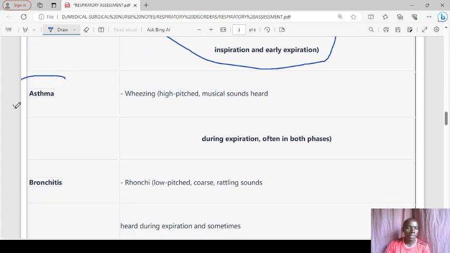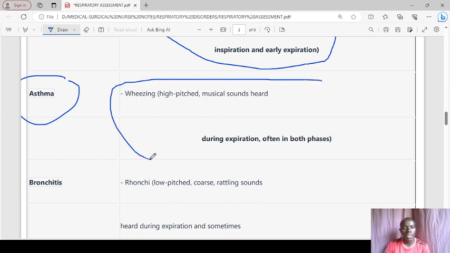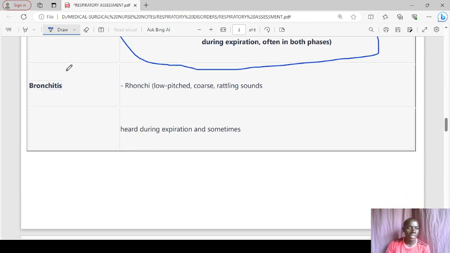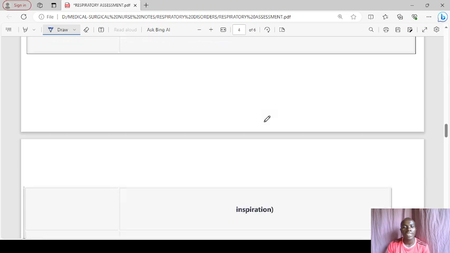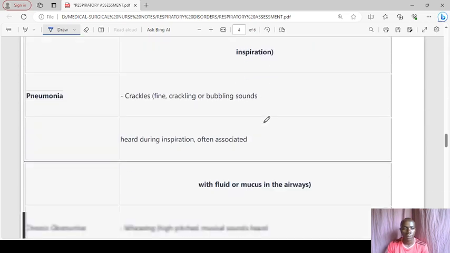For asthma, the condition normally causes wheezing, which is high-pitched and musical sounds heard during expiration, often in both phases. Bronchitis, we have the rhonchi. These are heard during expiration and sometimes inspiration.